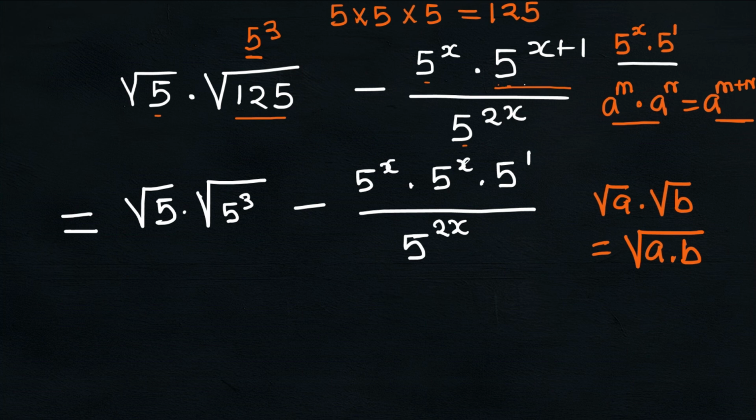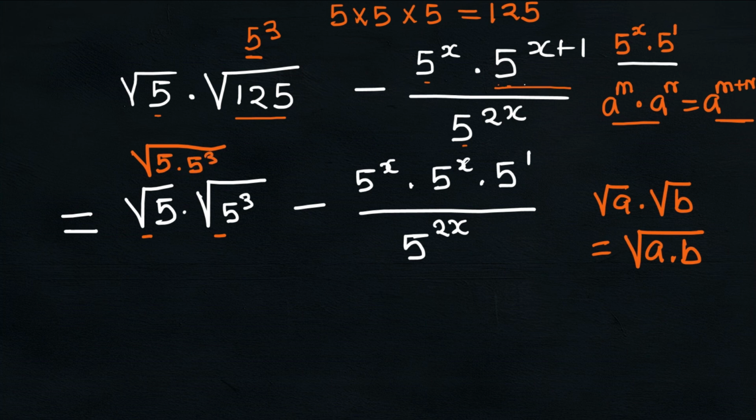So that is what we are going to do with these numbers. Instead of having separate square roots, we are going to have one square root, 5 multiplied by 5 to the power of 3 here.